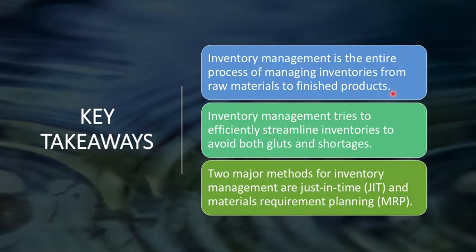So it's a huge investment, and you have to make sure that you're getting a return from that investment. Inventory management tries to efficiently streamline inventories to avoid both glut and shortage.